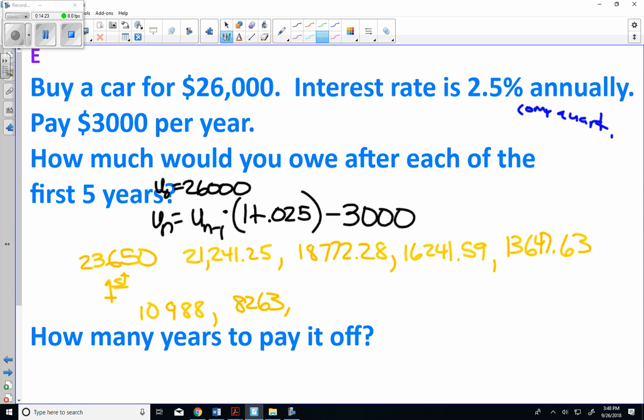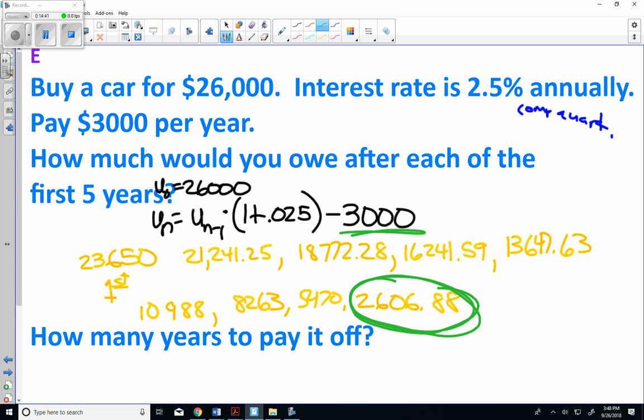And then you're going to be at 8,254.70, and then at 5,460.07 and then 2,606.88. And this is the value where you can stop, because this number is less than our $3,000 payment.